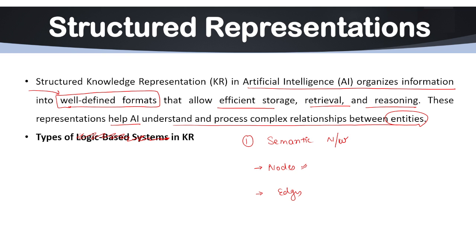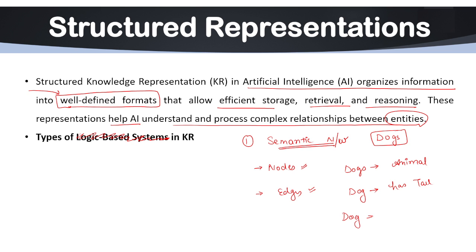We all know nodes represent the objects and edges represent the relationship between them. For example, let's take an example of a semantic network. Let's take dogs. We can say dog is an animal, right? Another statement, dog has one tail.